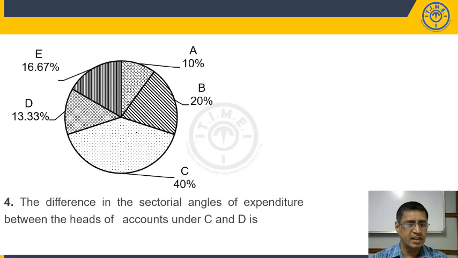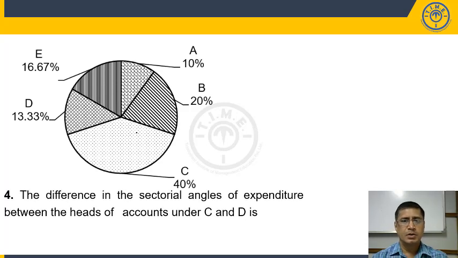Now look at this example. A is 10%, B is 20%, C is 40%, D is 13.33% and E is 16.67%.